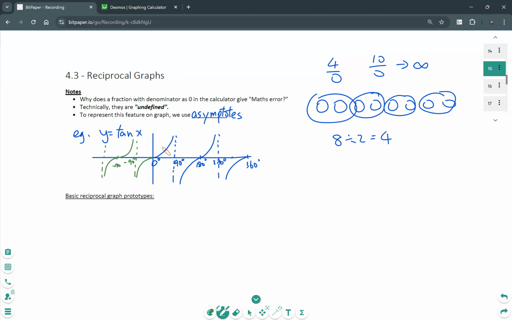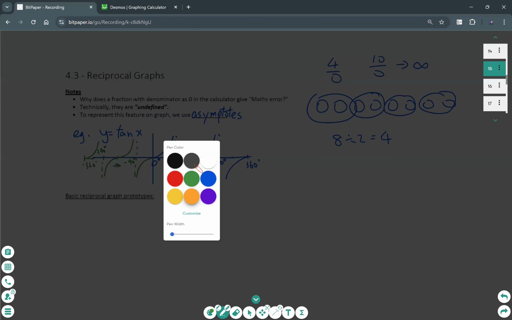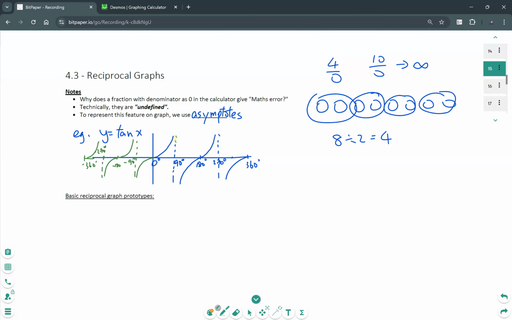Negative 180. This is negative 270. And then you have negative 360 degrees in here. Sorry about the drawing. Anyway, it's not that important because you learn it properly again in chapter 9, I think, trigonometry.